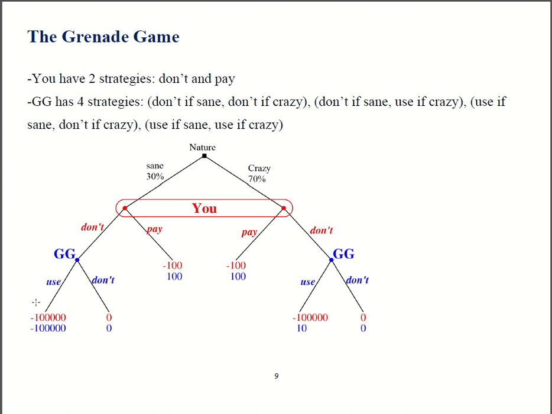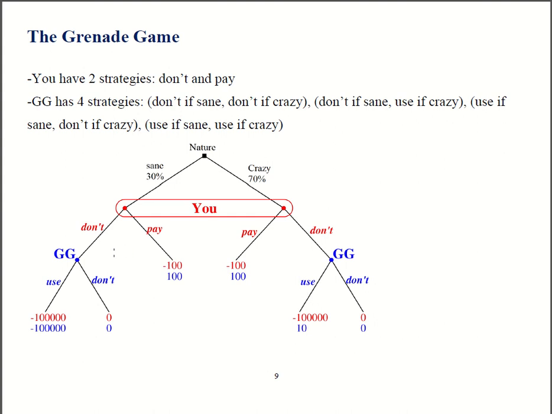Grenade Guy could play use at both these nodes. So use is a strategy. Don't use is also a strategy for Grenade Guy. Grenade Guy can also do something else: he could play, I'll not use the grenade if I'm sane, but I will use it if I'm crazy.